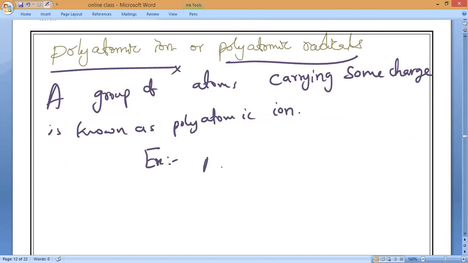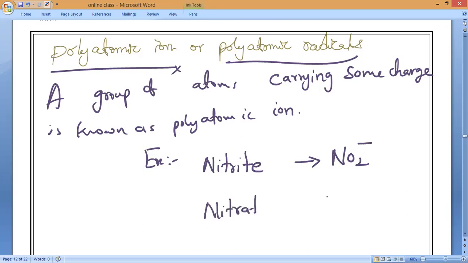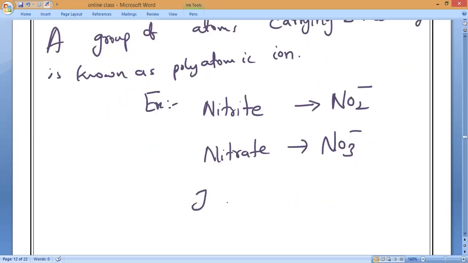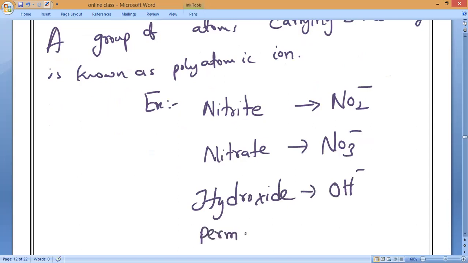Nitrite, NO2 minus. Nitrate, NO3 minus. Next, hydroxide. Tell me, what is hydroxide? Hydroxide, OH minus. Now I will say permanganate, very, very important.